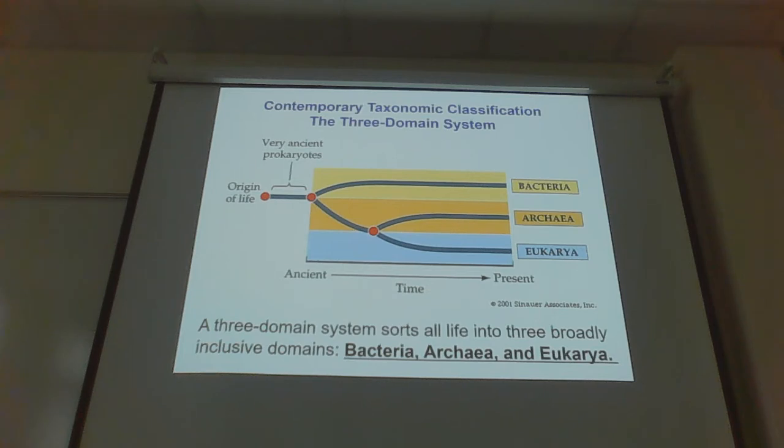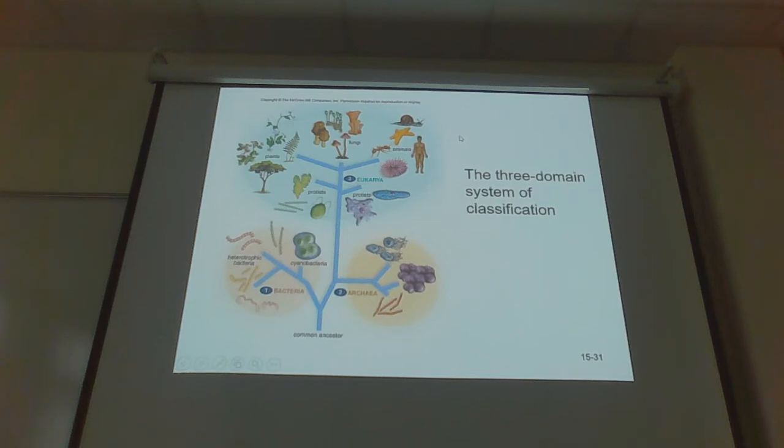So we don't subdivide that domain into smaller compartments. But eukarya comprises very different types of organisms, such as plants and animals. All these organisms have that kind of cell, the eukaryotic cell.